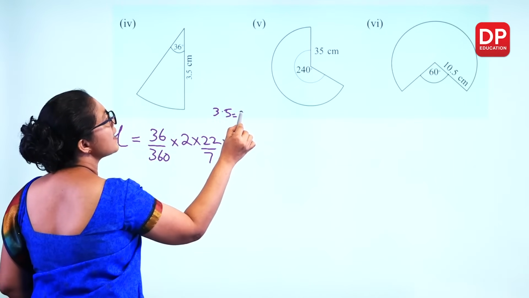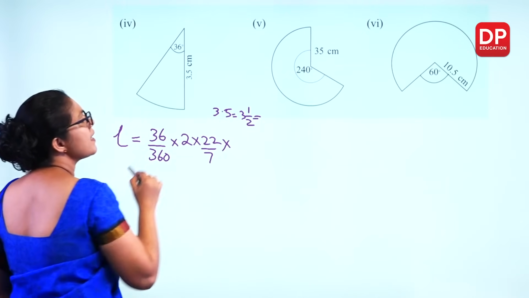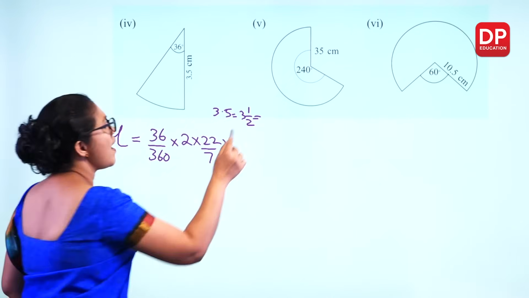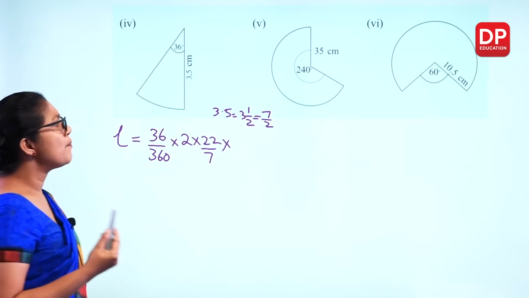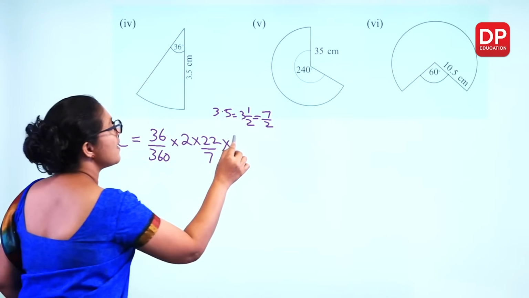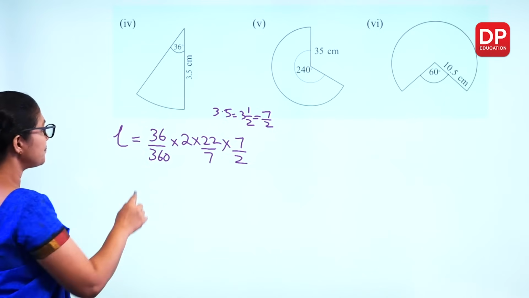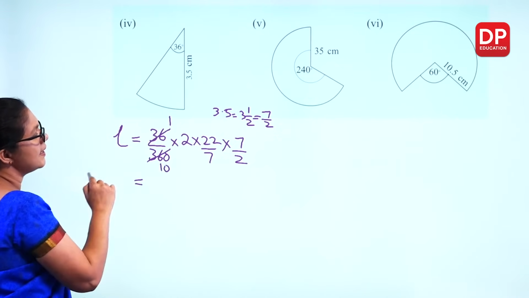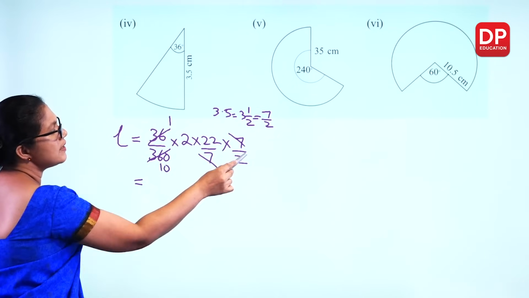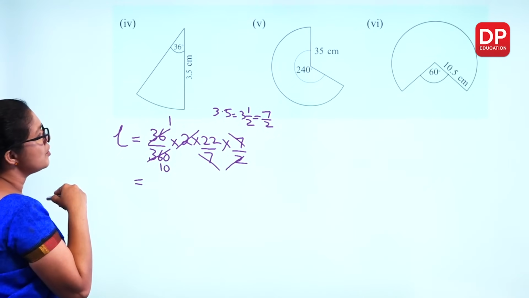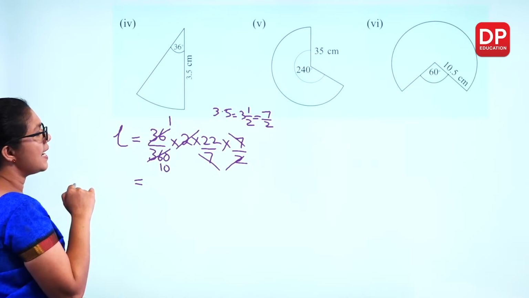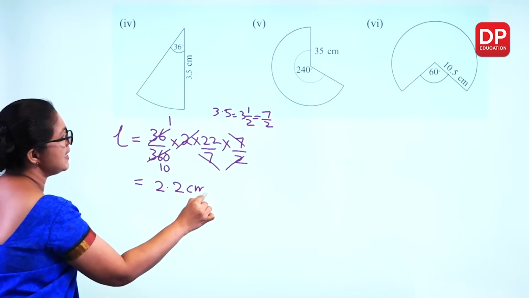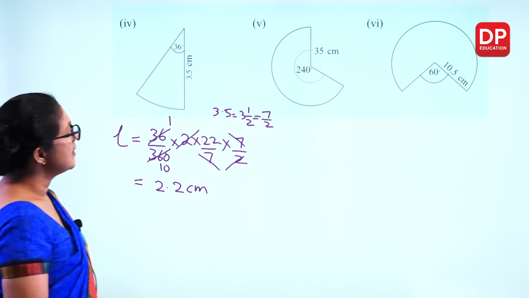I can write it as 7/2 as the improper fraction. So I'll write 7/2 there. Now try to simplify. 36 times 1, 36 times 10. And this 7 gets cancelled out, this 2 gets cancelled out. And you get 22 divided by 10. What's the answer? 2.2 centimeters.